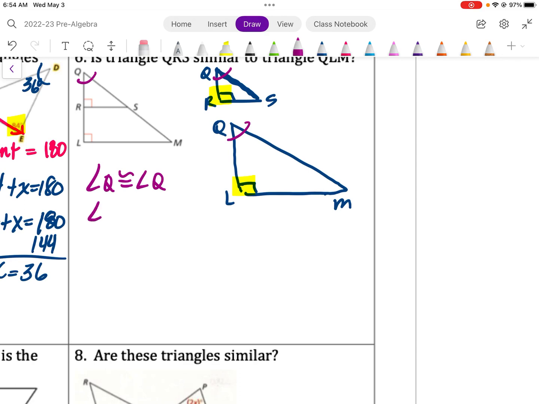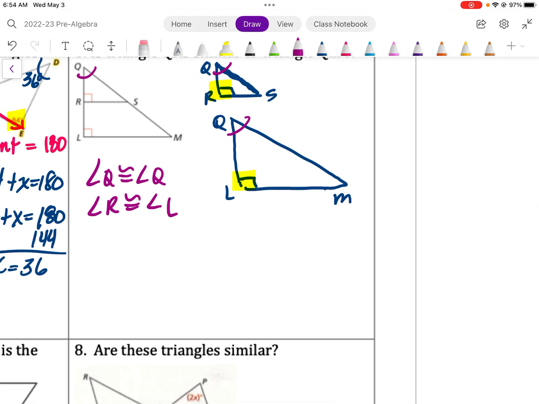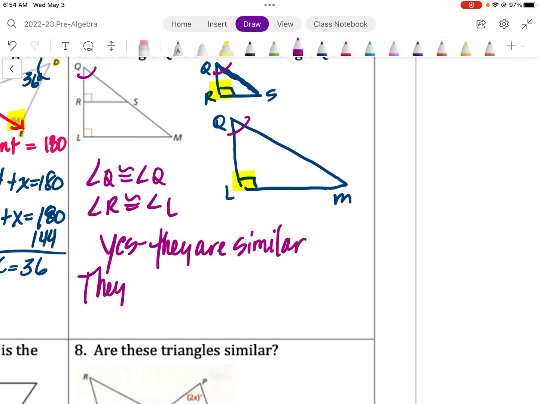And angle R is congruent to angle L. So I would say, yes, they are similar. They share two congruent angles.